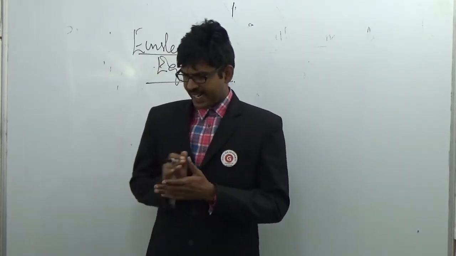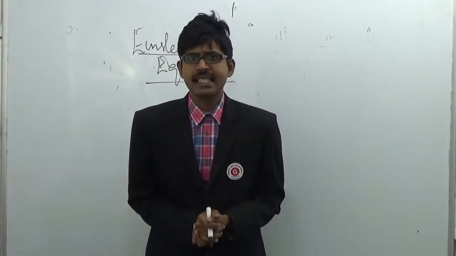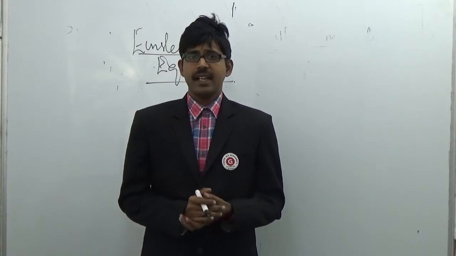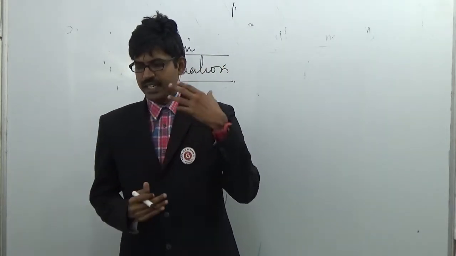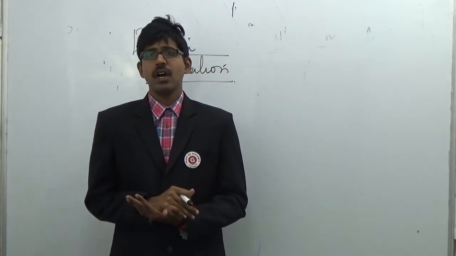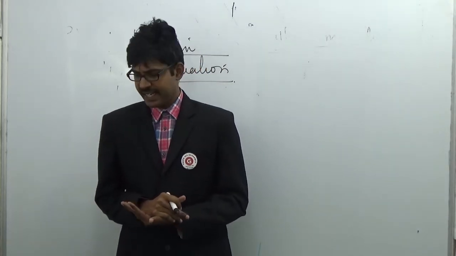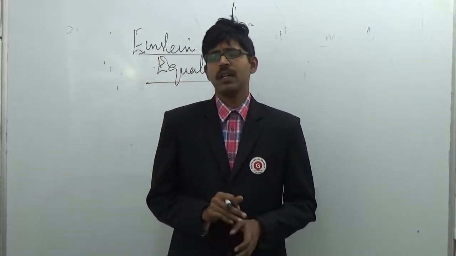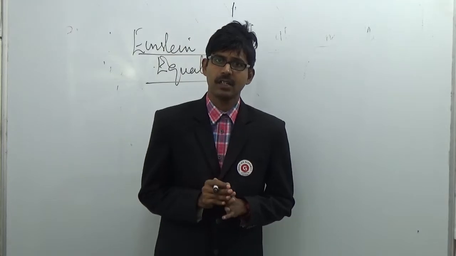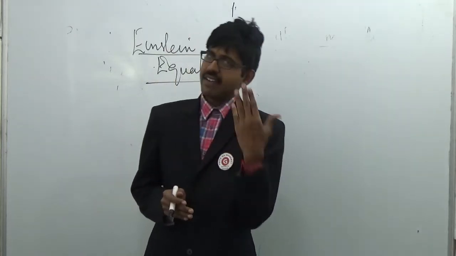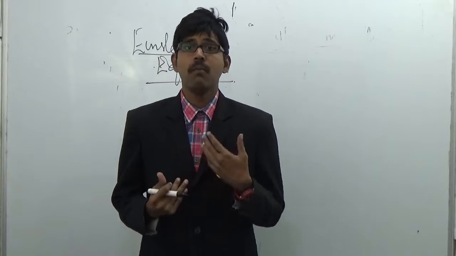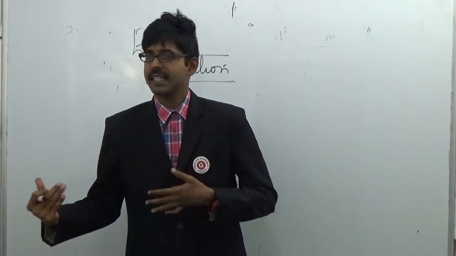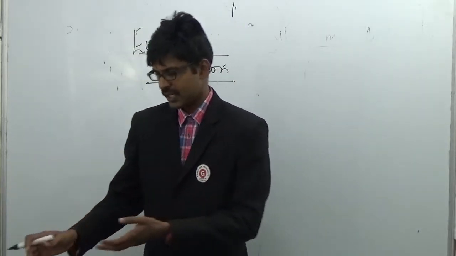Now, this Einstein equation is actually an equation which consists of diffusion constant, mobility, and the thermal voltage. Now, using this Einstein equation, having given a diffusion constant, you can find out the mobility, or having given the mobility, you can find out the diffusion constant.